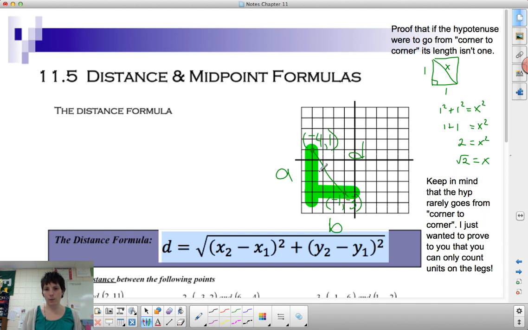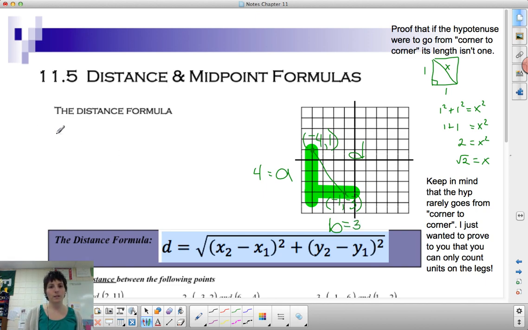So I would say, okay, how tall is this side? 1, 2, 3, 4. It has a distance of 4, so a has a distance of 4. And then I would count on this line, that's 1, 2, 3 units for b.